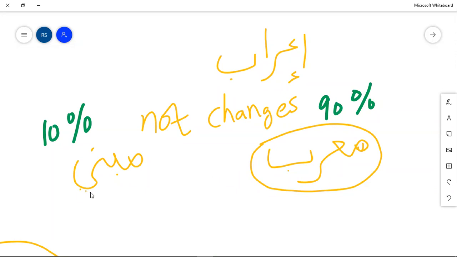And any example for a Mabni word? Min, man, haza, fi, ala, hazihi. So these words are Mabni, they never change no matter what kind of sentence.